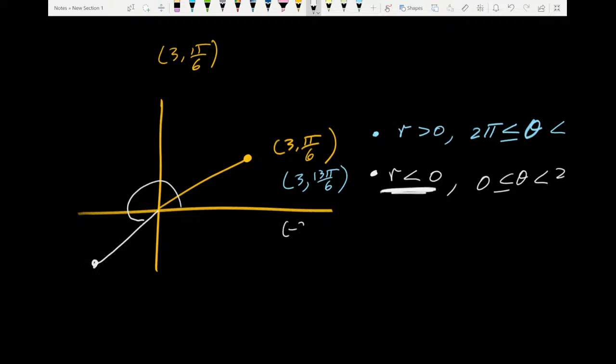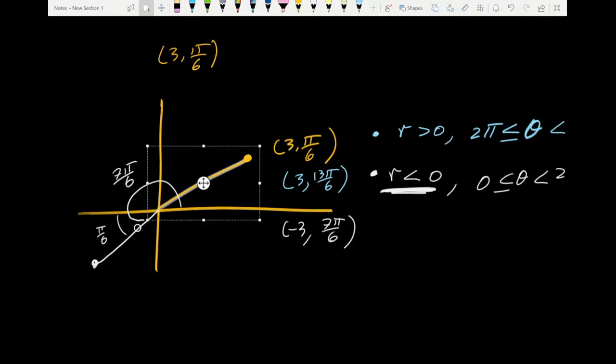So the point is going to be -3, but what is this angle? The whole thing is pi, and all the way over here would be pi over 6. The whole angle is 7 pi over 6. So your final answer is 7 pi over 6. You go up to 7 pi over 6, but then because of this negative, it goes to the opposite side, and that's how you get all the answers.